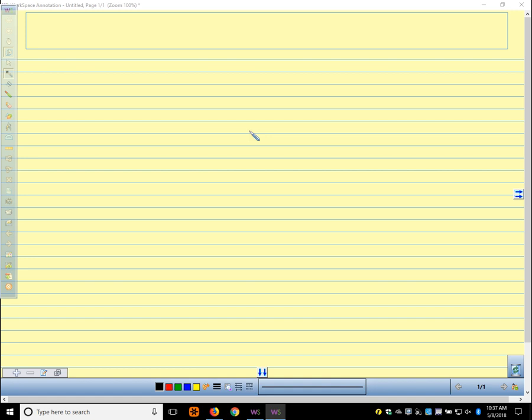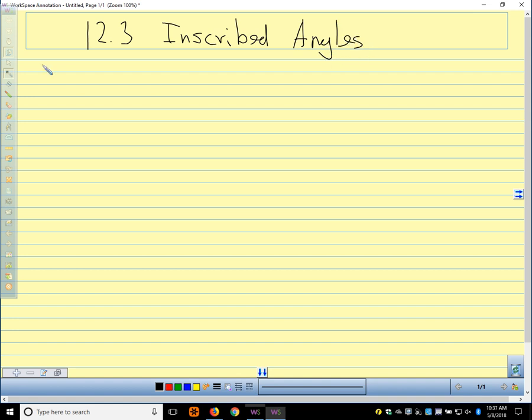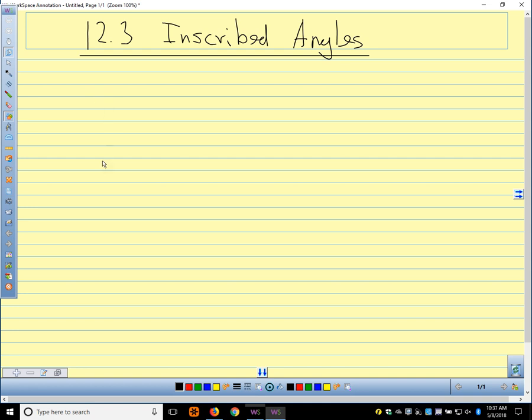Well, for today, we're going to talk about inscribed angles. So we're in section 12.3. And I'm going to write down what we just said just to emphasize it. So I'm just redrawing the picture that's in your flip book.